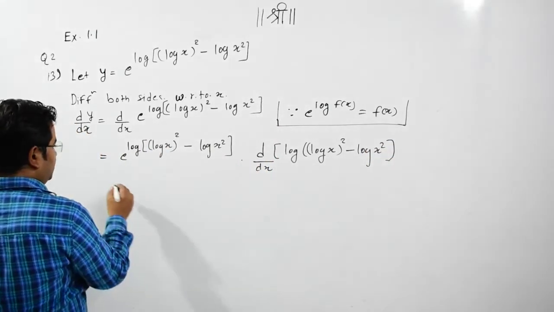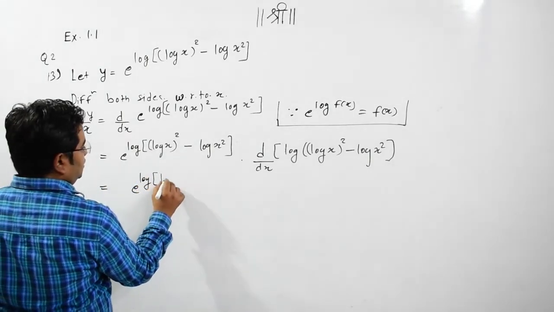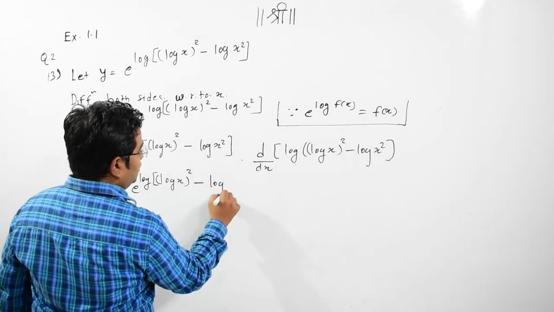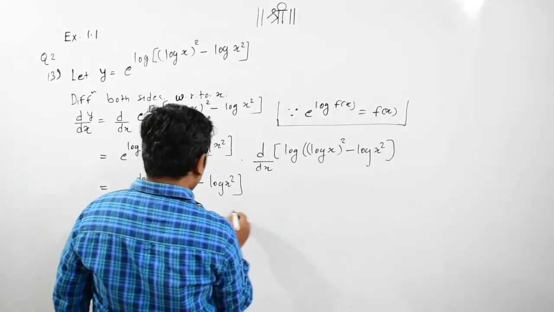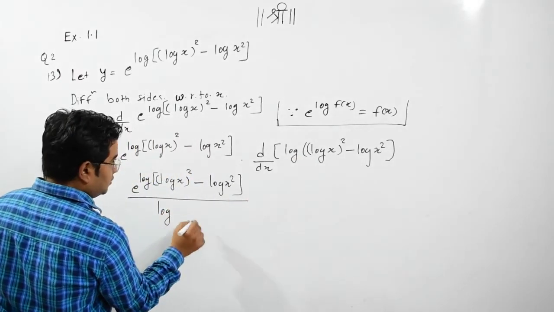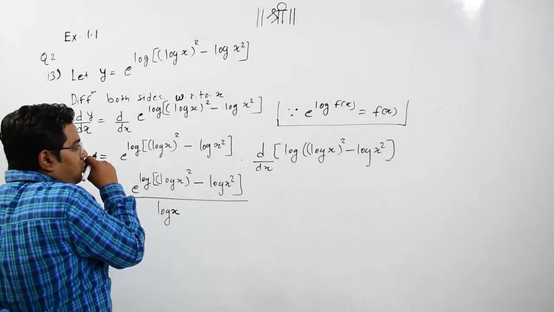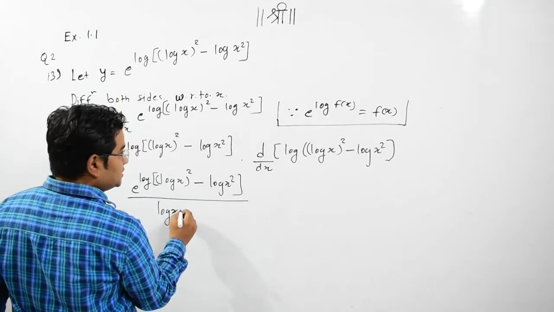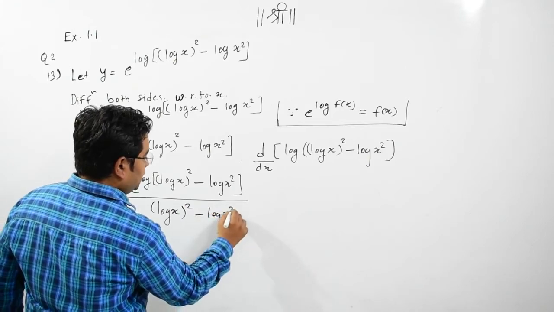So hope I am clear up to that point. Yes, I am correct. Next, (log x)^2 minus log x^2. Again, what is the derivative of this? It will be 1 upon (log x)^2 minus log x^2.